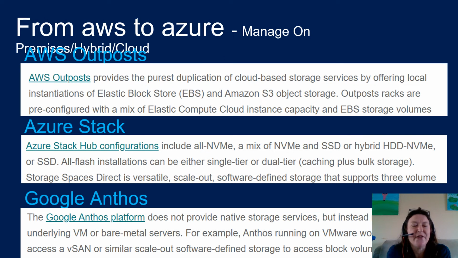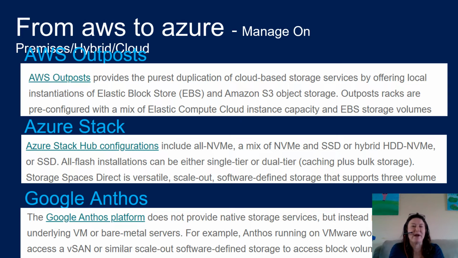There are other options for on-premise hybrid type environments. In AWS, they have the option of Outposts, which basically looks like you have AWS on premise. It's really managed infrastructure from AWS, but it's placed in your on-premise data center or what have you.